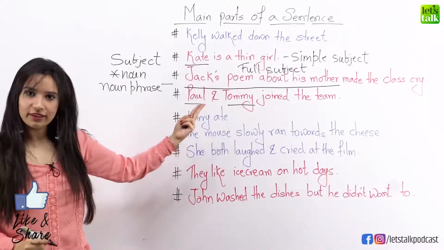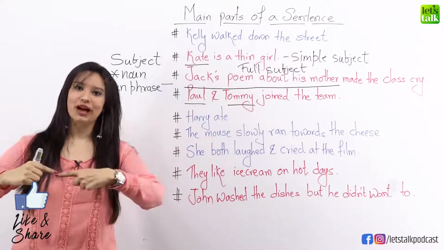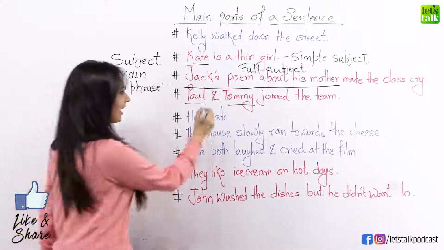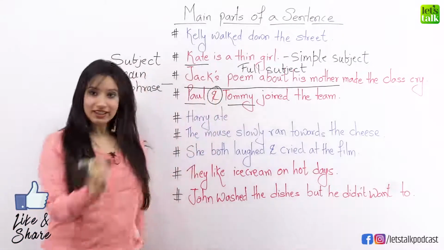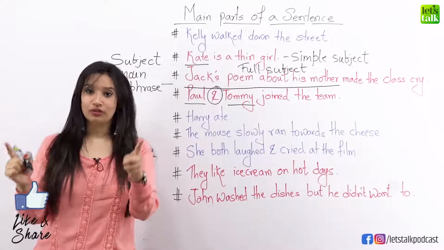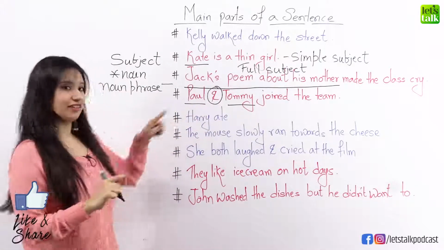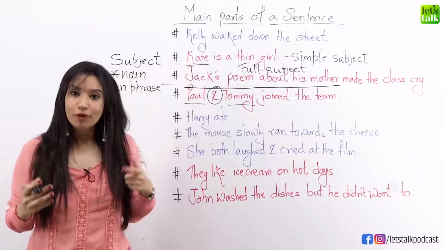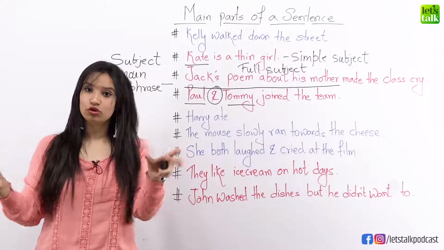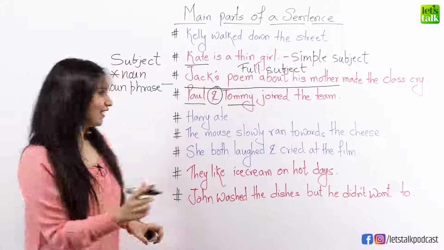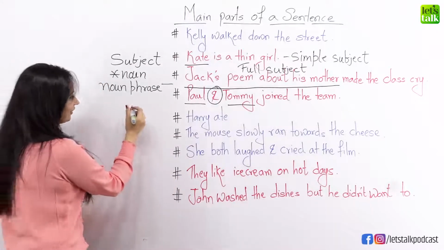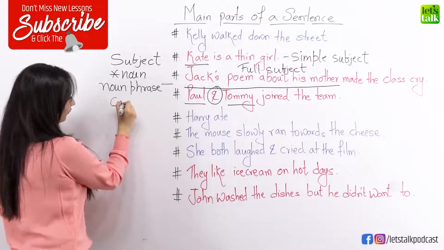And what have we done with them? We have joined the two nouns with and. So whenever we join two nouns with each other with an and, it's called a compound subject, which means to join two things together. So this is a compound subject for you.